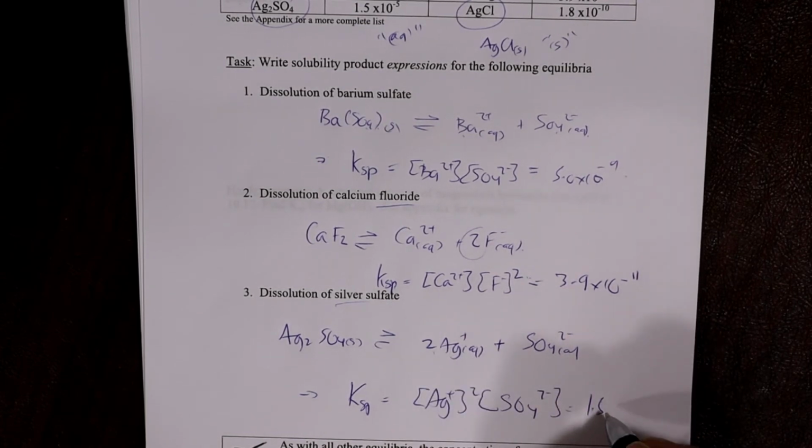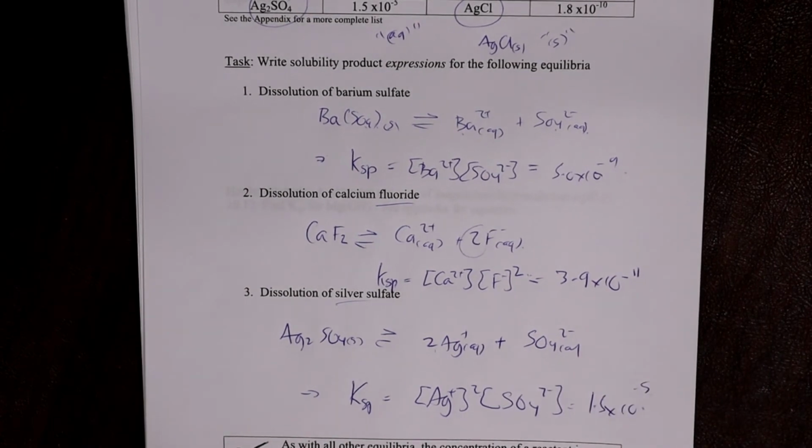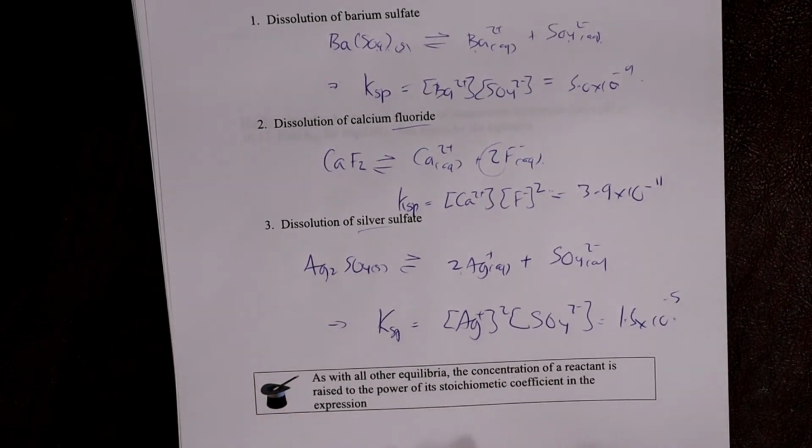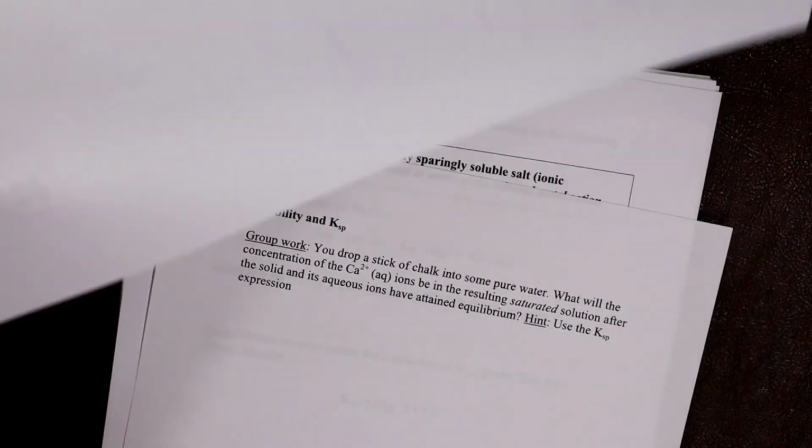It's 10 to the minus 5, above the 10 to the minus 6 threshold, so before we generally said, oh, that's soluble, but it's very, very sparingly soluble. As with other equilibria, we raise the concentration to the power of the stoichiometric coefficient. So hopefully writing those is not so bad.